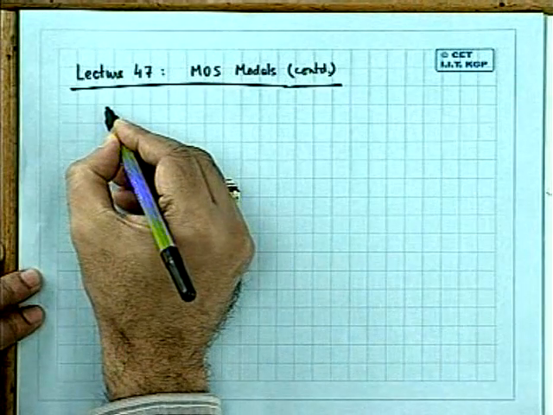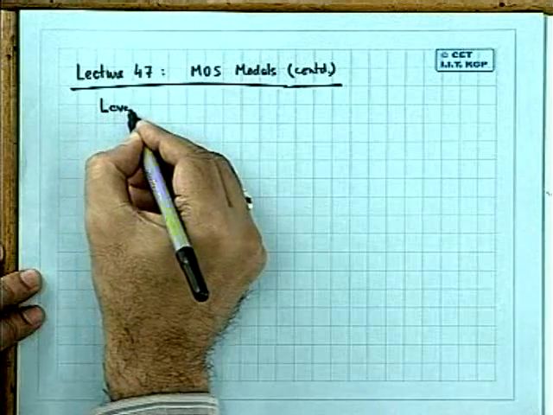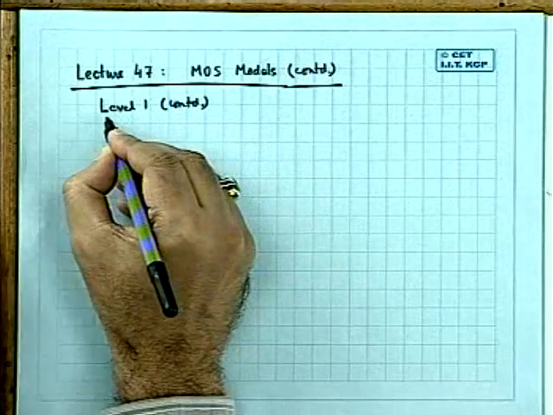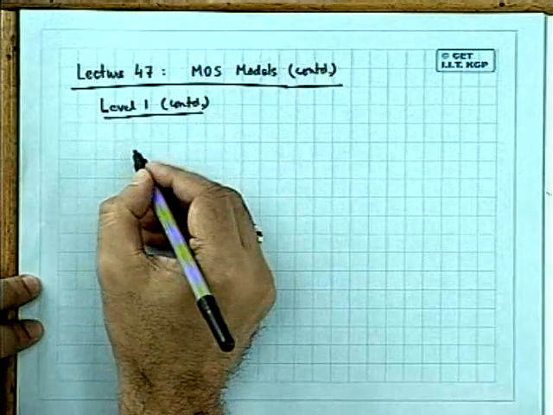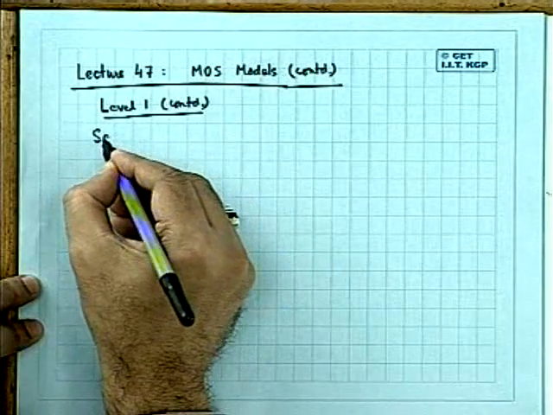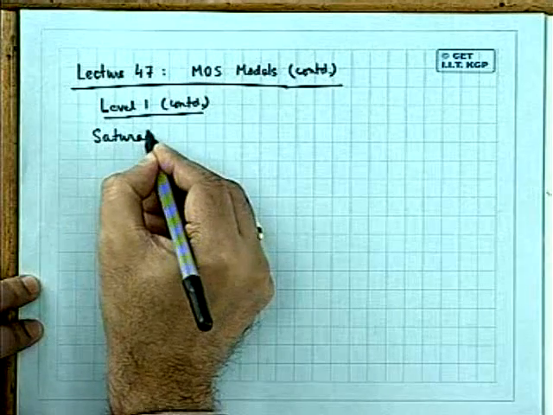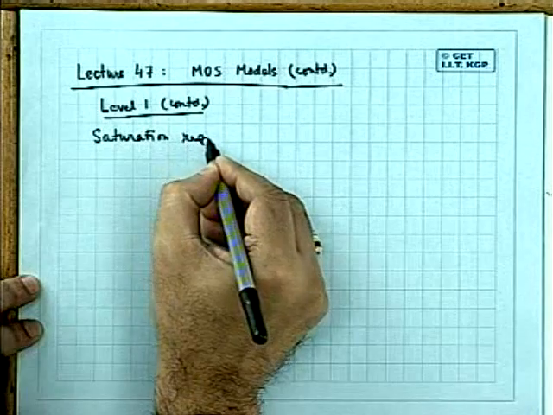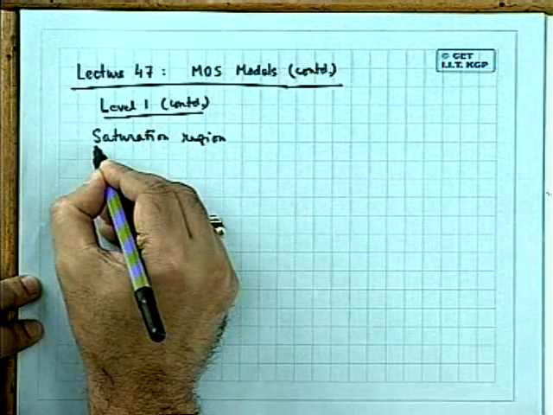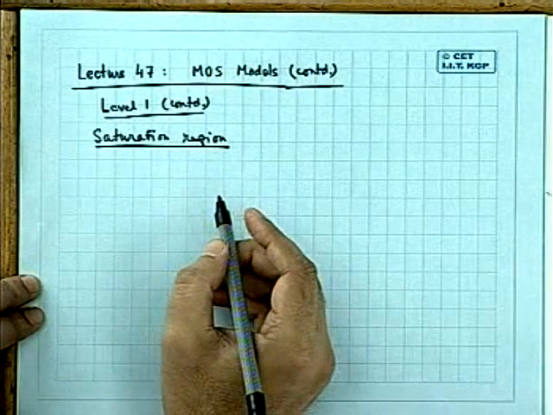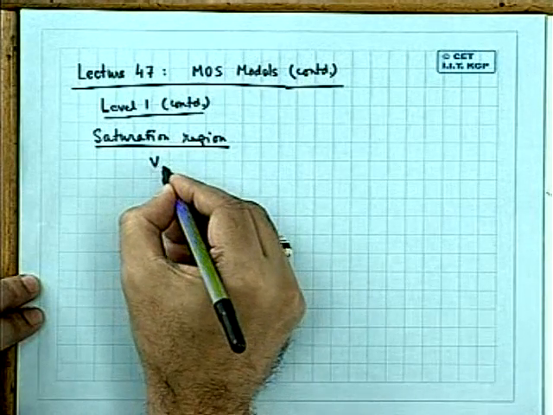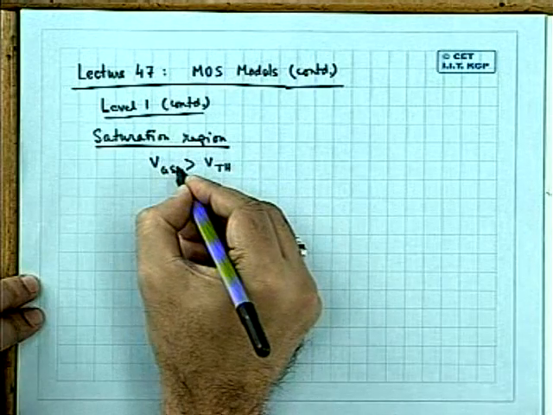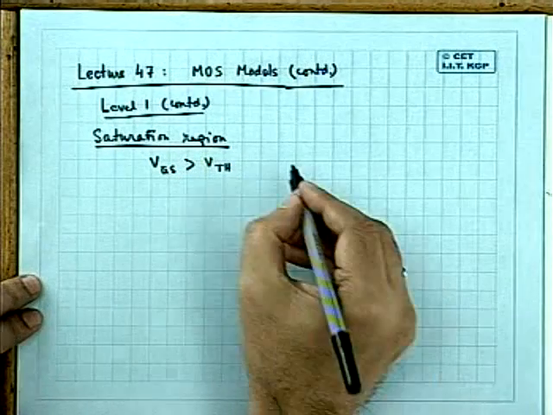In the saturation region, level 1 continued. You remember VGS must always be more than VTH, otherwise the device will not conduct.